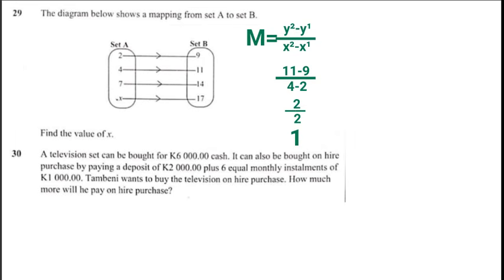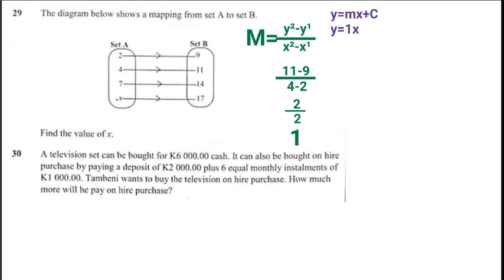We usually use y is equal to mx plus c. Here we have found the gradient, which is 1, where m stands for the gradient. So it will be y is equal to 1x. But we haven't found the value of c, which is the y-intercept, or the constant.